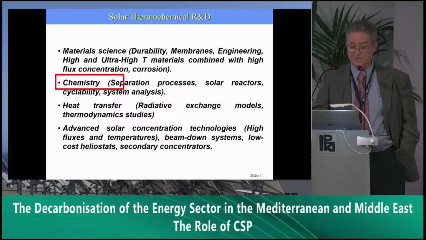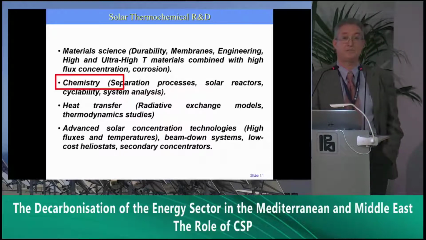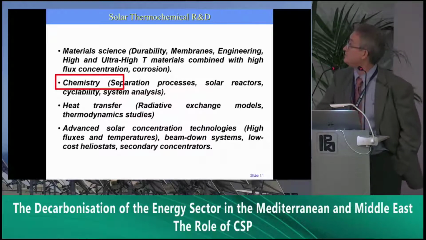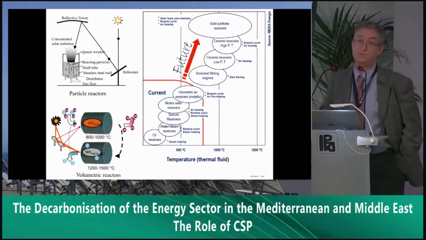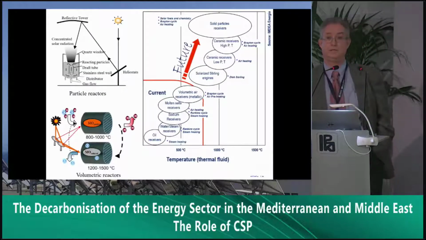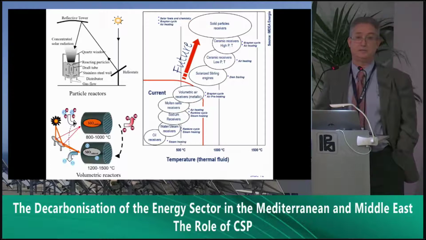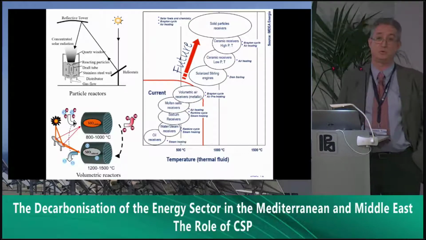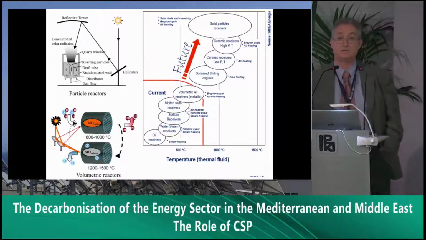And first, let's talk about chemistry, and in particular reactors, because we have the experience of receivers. We know that there are a lot of improvements in the development of solar receivers, mainly for solar towers.